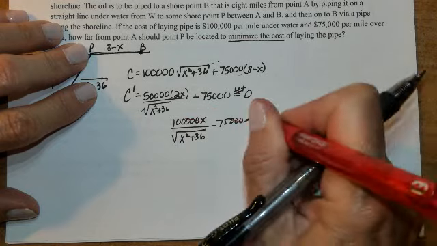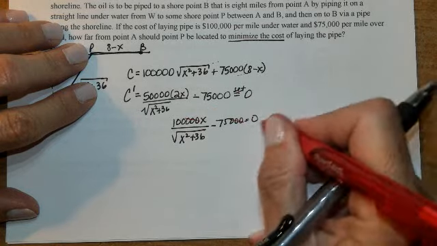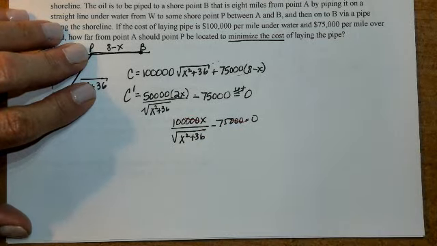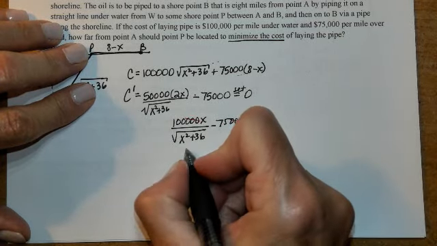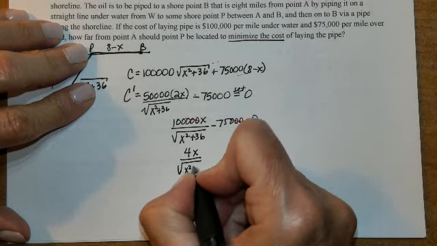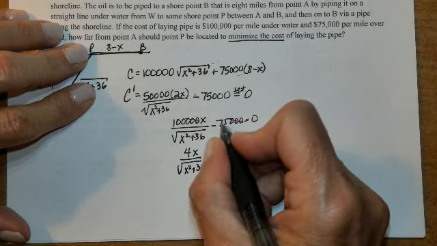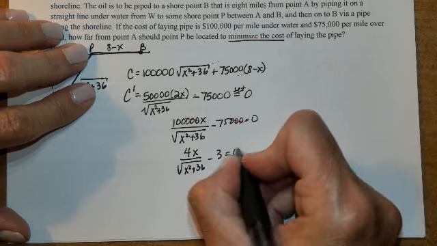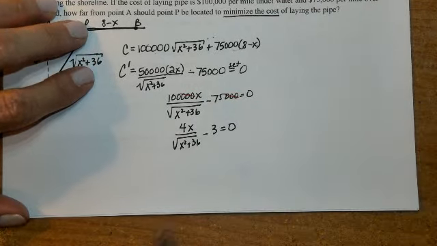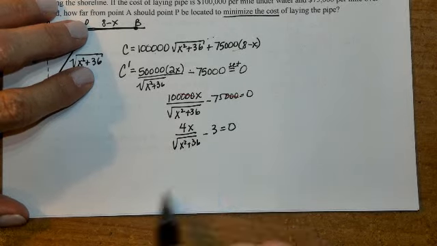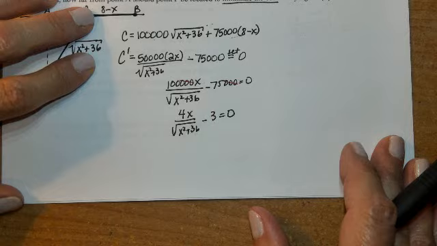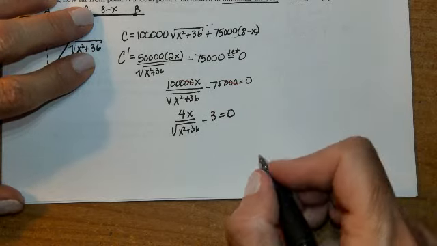These zeros go away, right? It's still 0 over here. Now we could easily divide both sides by 25. If we do that, we'll have 4x over square root x squared plus 36 minus 3 is equal to 0. Okay, I like doing that first because if I'm doing a sign chart, I want to simplify this so that I have something simpler to plug into, right? Does that make sense?